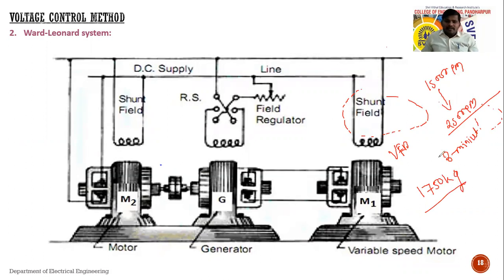This drive will run the machine at 1500 revolution per minute for some time. Again it will run at 250 revolution per minute for some time, and this operation can be completed within 3 minutes. 3 मिनिटांमध्ये ऑपरेशन होतं.